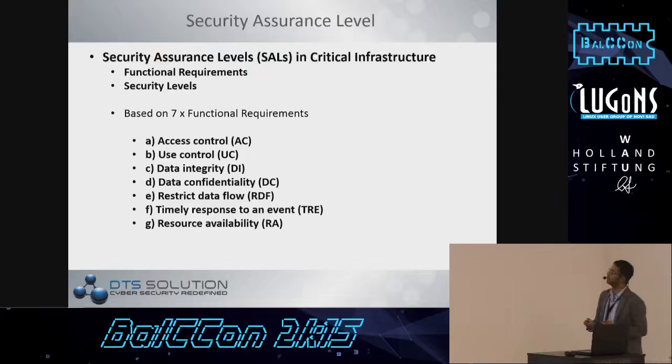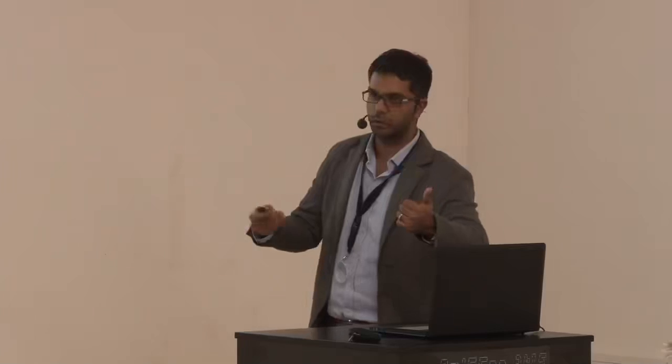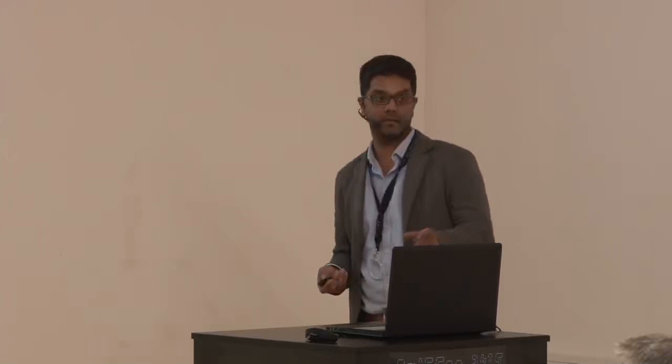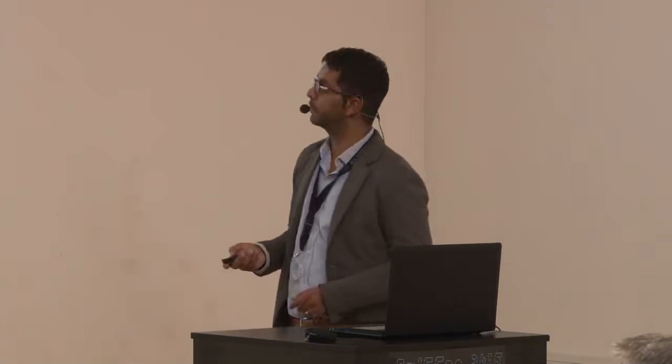All right? And finally, building security assurance level is very important. For those who work in SCADA infrastructure, you have basically 7 functional requirements: access control, so users connecting onto the network, users authenticating, use control, data integrity, confidentiality, restricting data flows using firewalls, timely response to an event, which is basically a security operations center, and resource availability.